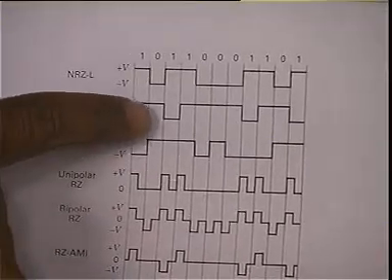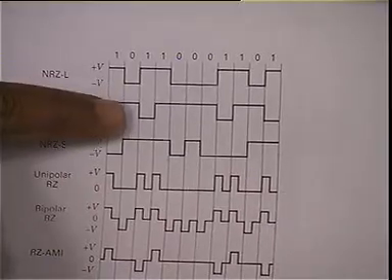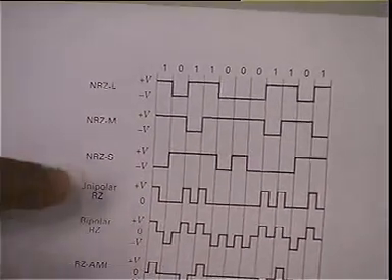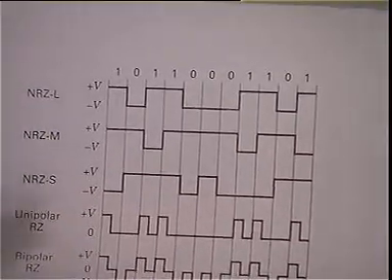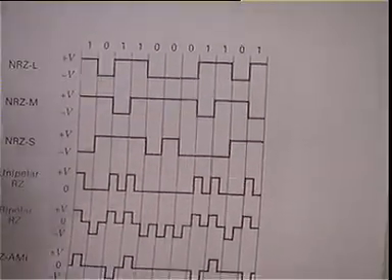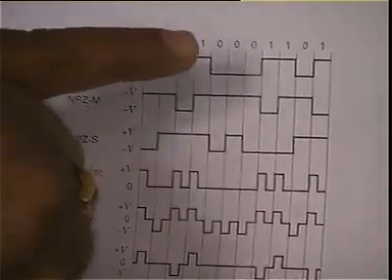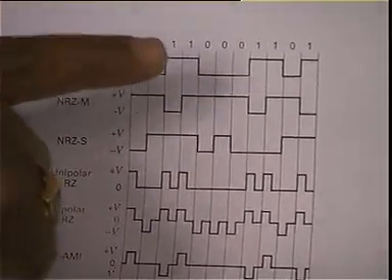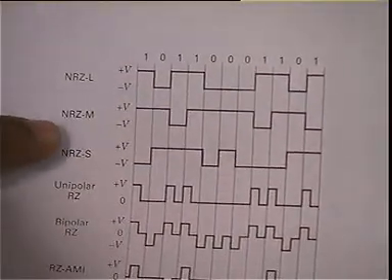The moment I encounter the next 1, there should be a transition, that is I am going from a high state to low state. The fourth bit is again a 1, so there should again be a transition from low state to high state. So I continue to be in high state as long as I do not encounter a 1. The moment I encounter a 1, my state will change. Either I go from high to low or low to high. So that is NRZ mark.